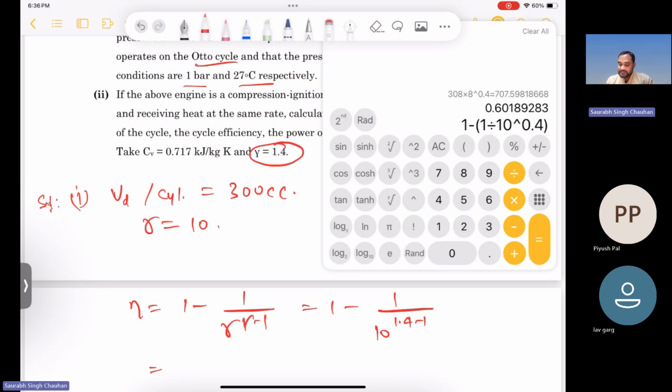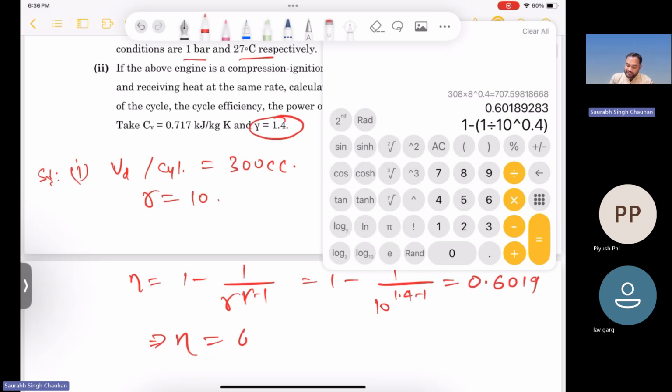That gives 1 minus 0.3981, so 0.6019. Okay, so efficiency is around 60%. This efficiency is very high.